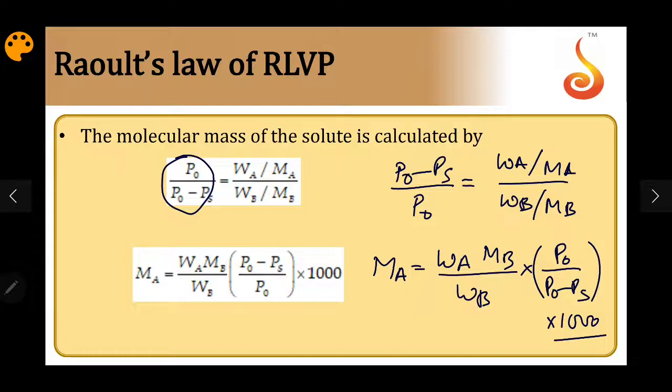So the colligative property P naught minus Ps by P naught is always inversely proportional to molecular mass. So in both the cases the ratio is to be inverted.